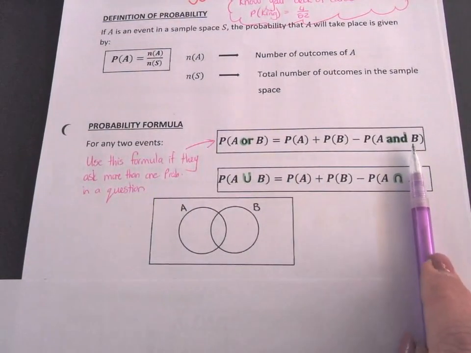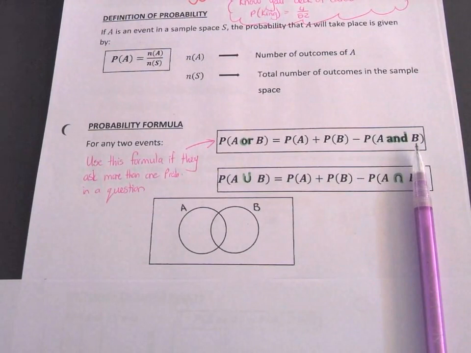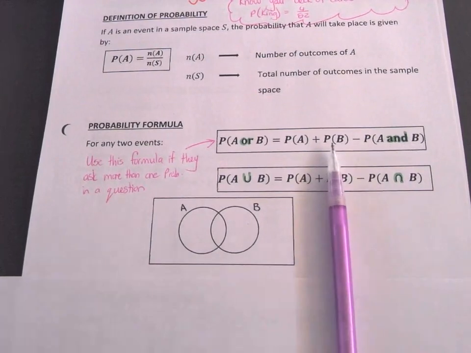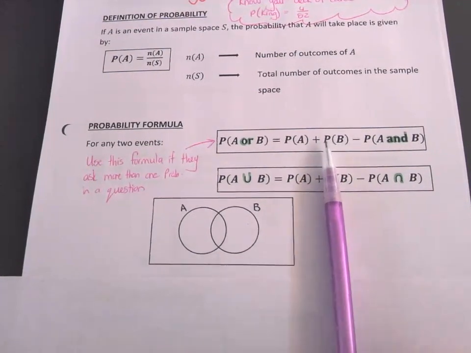Like for instance, I say the probability of A or B is 0,2, the probability of A is 0,6, and the probability of A and B is 0,1. Calculate the probability of B. Then you use this formula.